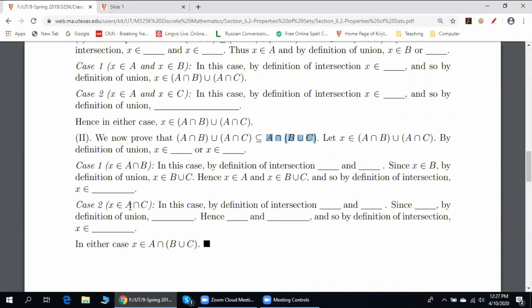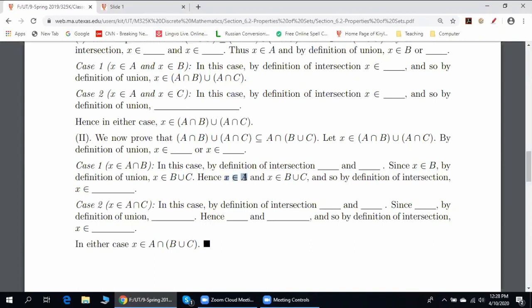Now, case two. Suppose X is from A intersection C. In this case, by definition of intersection, X is in A and X is in C. Since X is in C, by definition of union, X is in B union C. So over here we put the same thing, but instead of X is in B, X is in C. Hence, we copy the entire thing from case one.